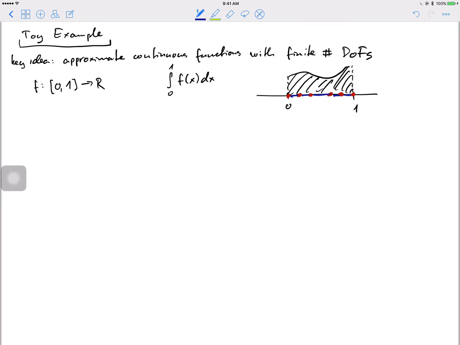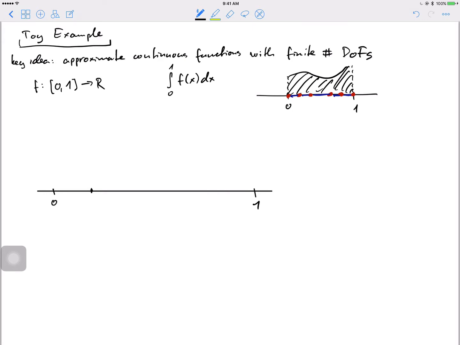So the idea is to approximate this problem. Let me say that better. So these red points are nodes, okay? And with each of the nodes, I associate what is called a shape function. So let me draw it again. So this will be my interval 0 to 1, okay?